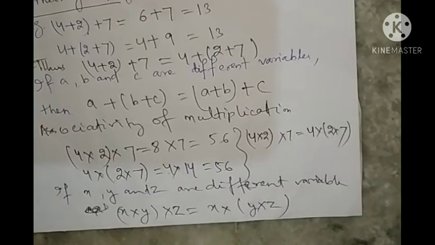Then rules from arithmetic like commutativity of addition, commutativity of multiplication. Then distributivity of multiplication over addition. Then associativity of addition and associativity of multiplication. So this is about today's class.